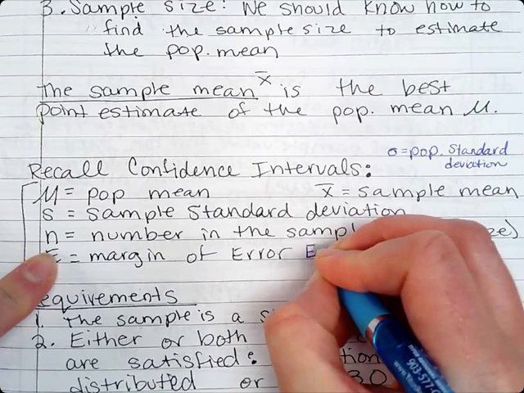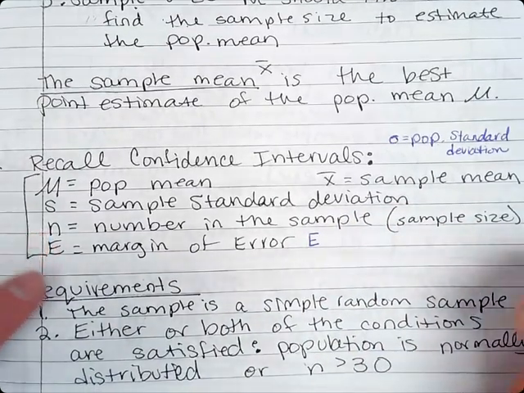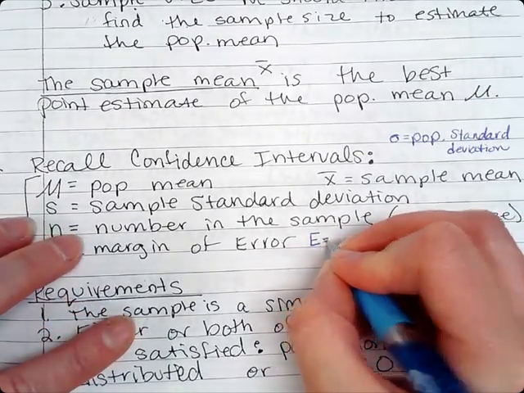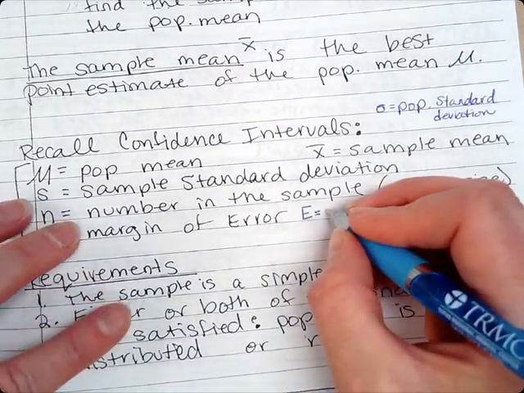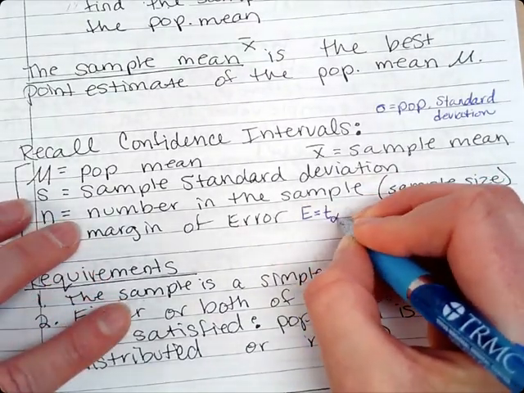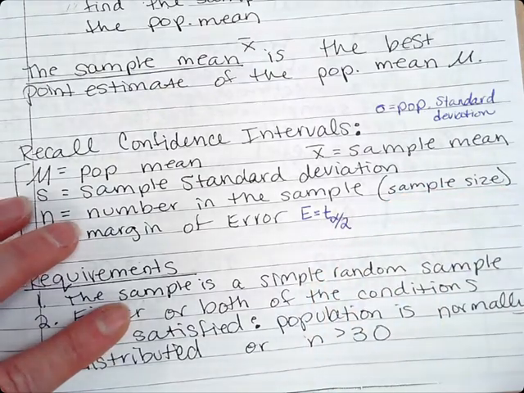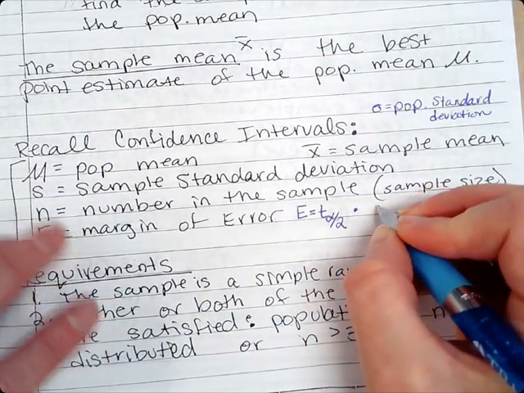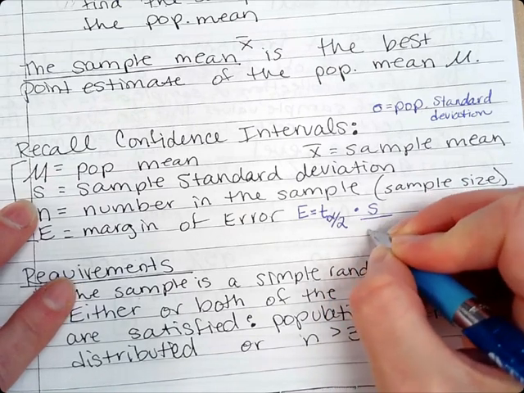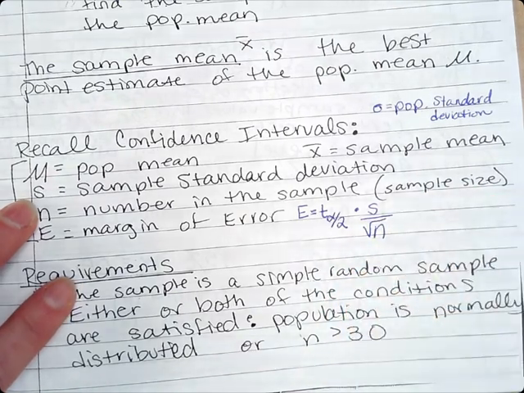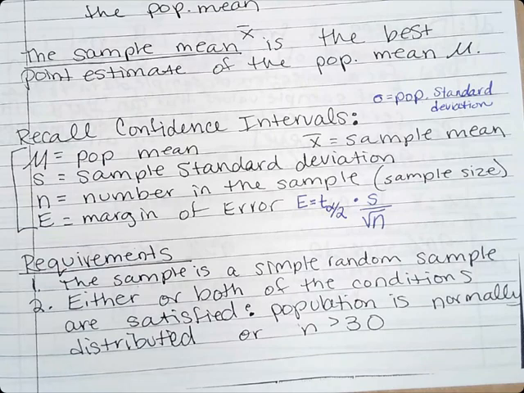So we are using the t-distribution chart. Our margin of error is found by doing, instead of z, which was our z-score, the t-distribution at alpha over 2 times our sample standard deviation over the square root of our sample size.